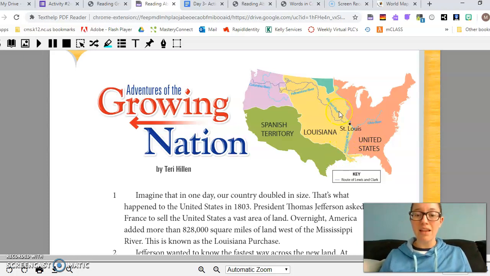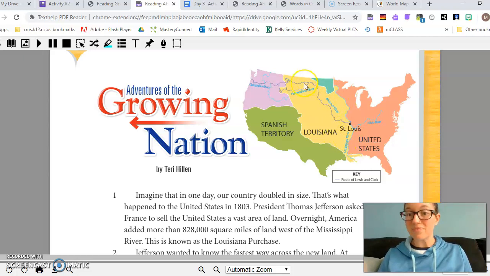What we're going to read about in the article is that one of the presidents, Thomas Jefferson, made a deal with France to buy the land that was theirs. That was called the Louisiana Purchase. So this yellow part is called the Louisiana Purchase.